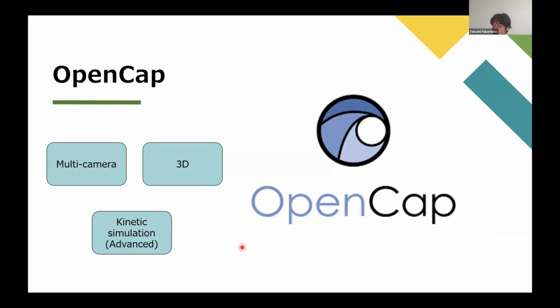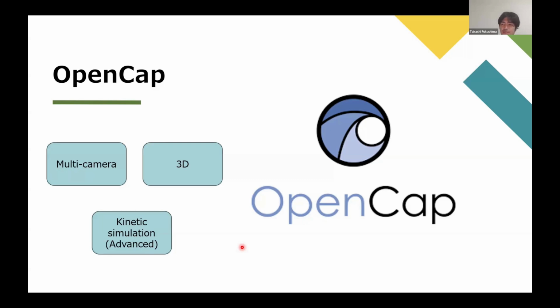All right, that was OpenPose. It was very simple, straightforward and easy to use, and hopefully you can use it for yourself. And the next one is OpenCap. This one again is a recap of previous lectures.